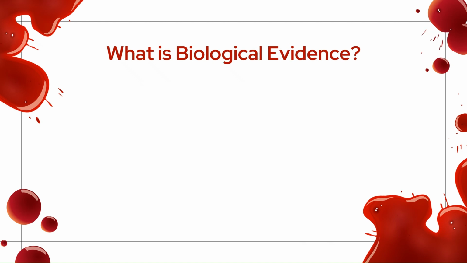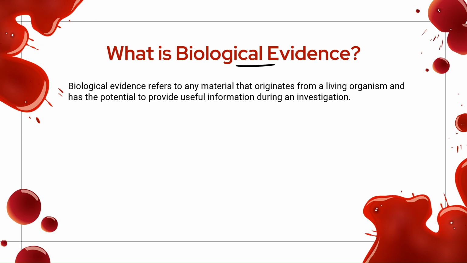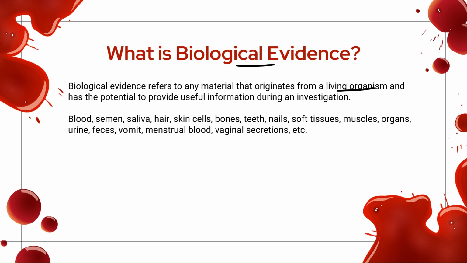Now, this naturally brings us to another important question. What exactly is biological evidence? As the name suggests, biological evidence refers to any material that originates from a living organism and has the potential to provide useful information during an investigation. Most people immediately think of blood, and yes, blood is one of the most commonly encountered biological samples in forensic investigation.